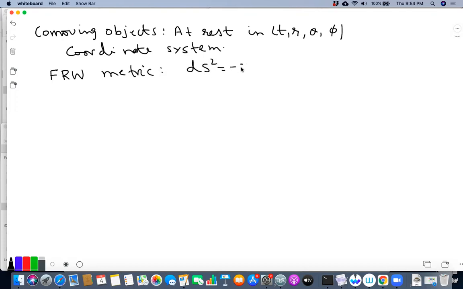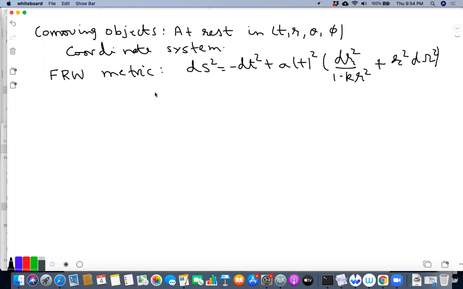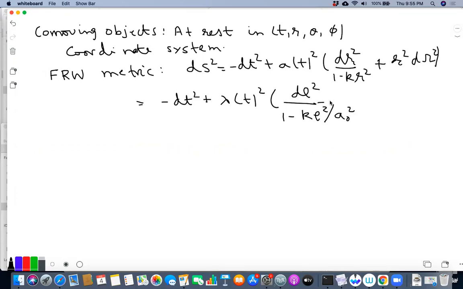It's ds squared equals minus dt squared plus a of t squared times... and we can also write this as minus dt squared plus lambda of t squared times dr squared over 1 minus k rho squared over a naught squared, plus rho squared d omega squared, where a naught is a of t naught.